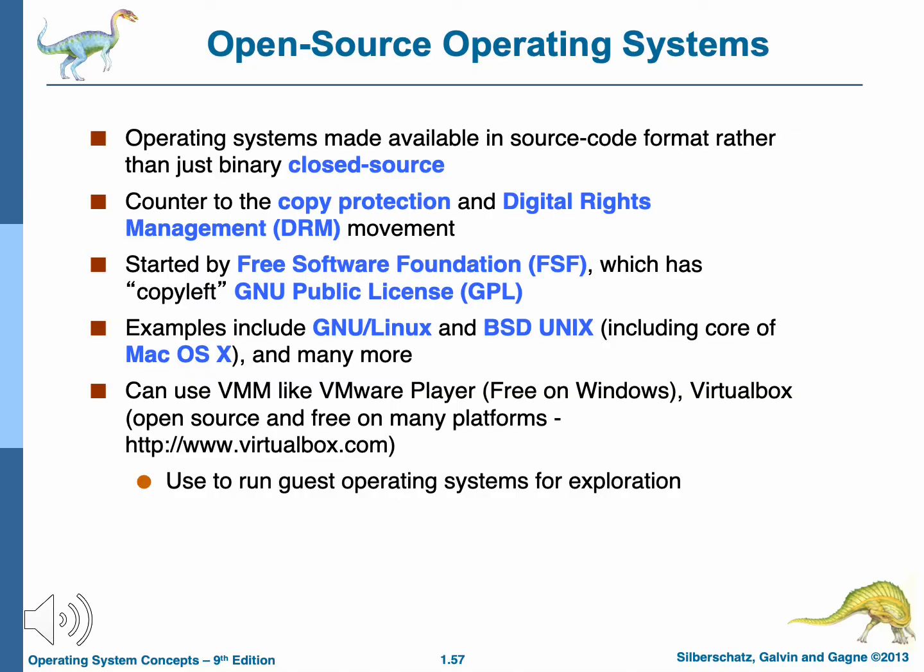Linux is the most famous open source operating system, whereas Microsoft Windows is a well-known example of the opposite closed source approach. Apple's Mac OS X and iOS operating systems comprise a hybrid approach. They contain an open source kernel named Darwin, yet include proprietary closed source components as well.